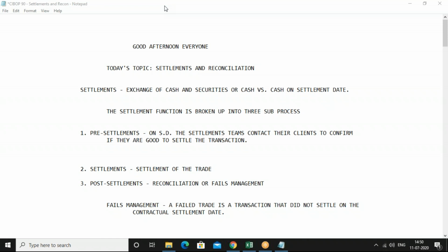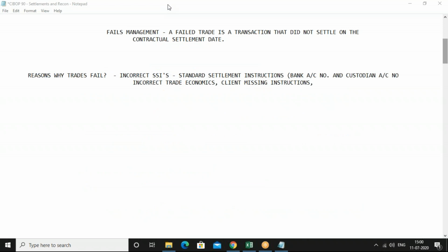There could be incorrect settlement instructions; maybe the instructions got changed. There could be incorrect trade economics, client missing instructions, counterparty does not have sufficient shares, counterparty does not have enough money, etc. There can be a lot of reasons why a trade will not settle on settlement date.